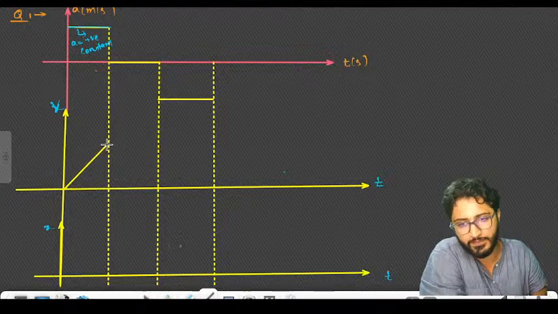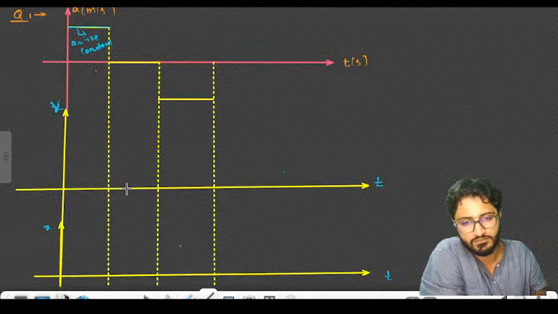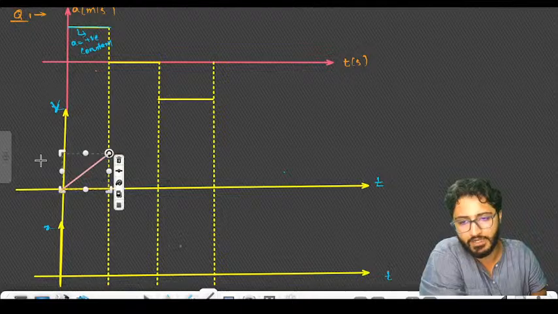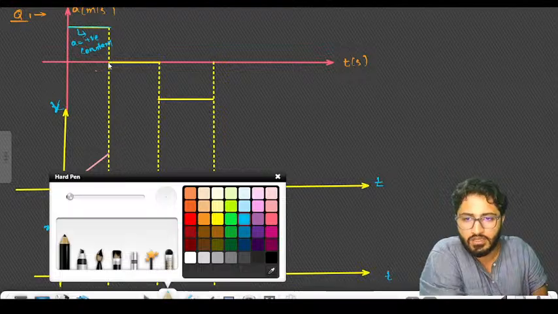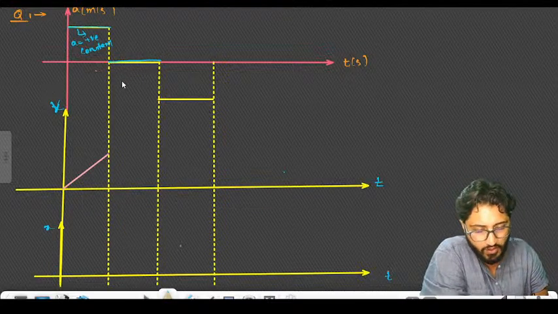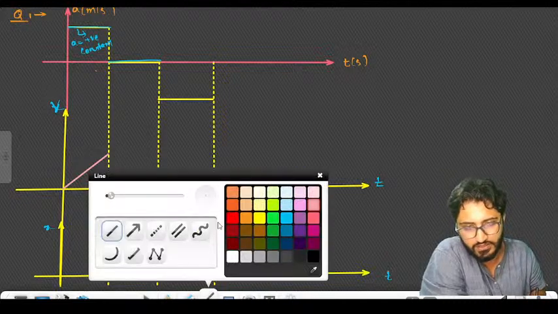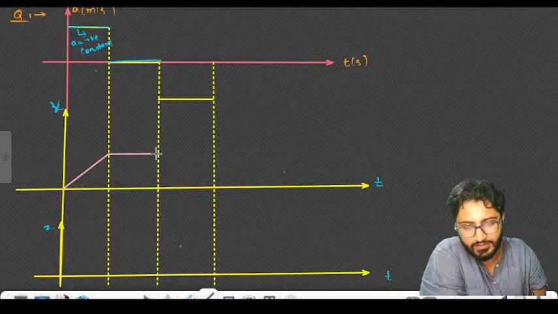Sorry, I will change the color firstly. It will be like this now. Done. Okay, then second point is my acceleration is 0. What about my velocity? So my velocity will be constant like this.